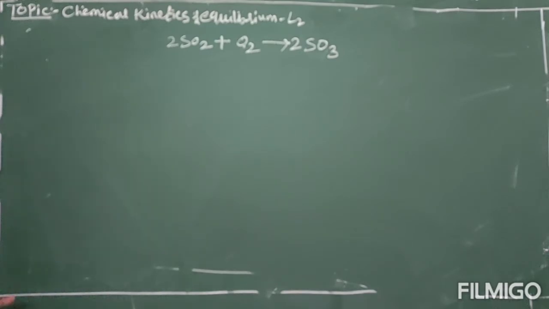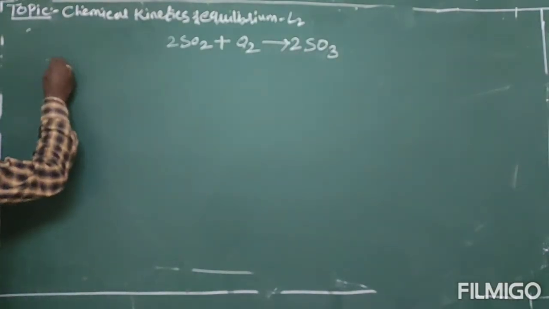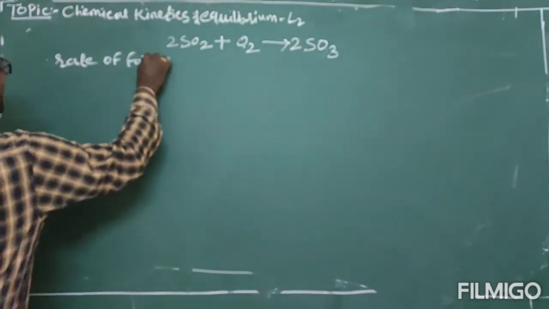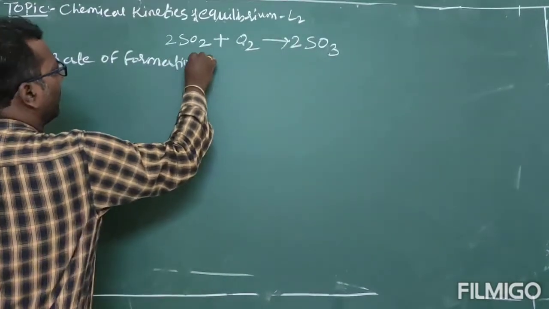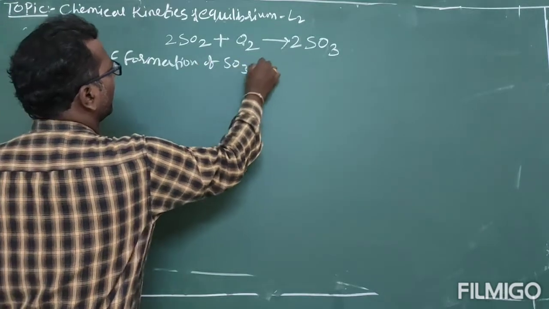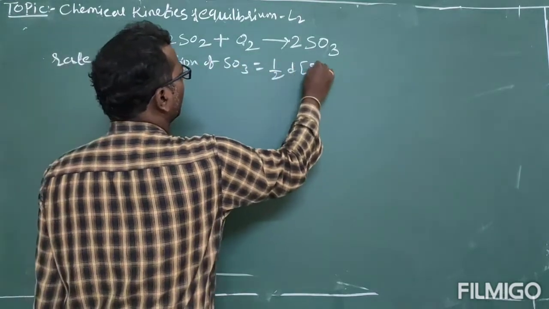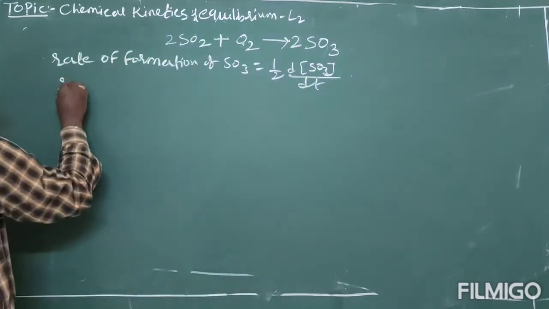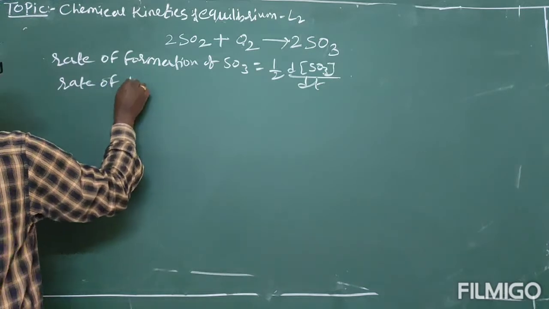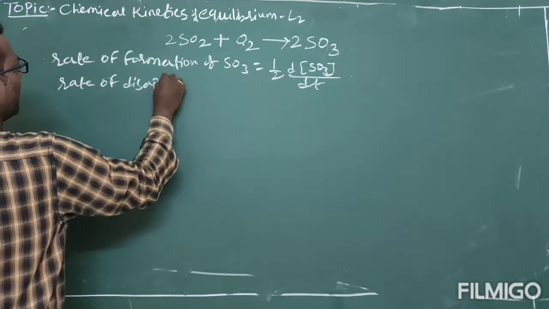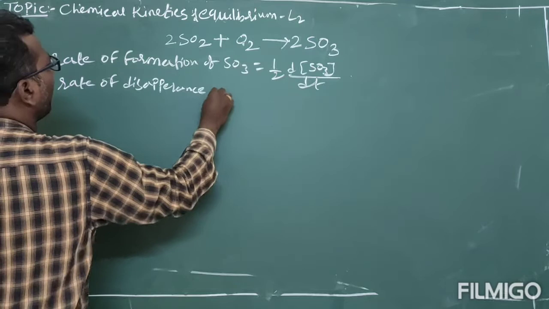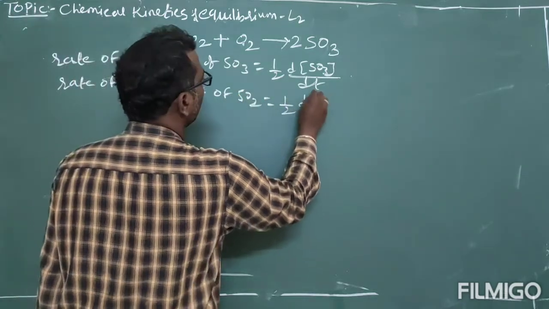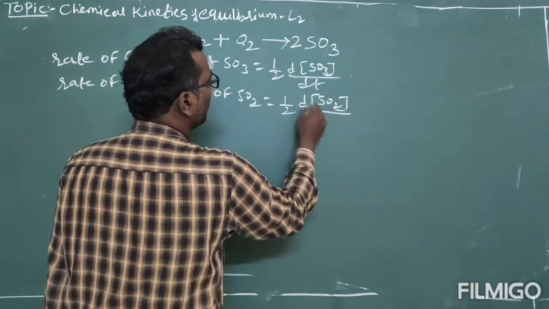You try to write on your own. So first what I will do, rate of formation of SO3 equal to half of d of SO3 by dt. Next, rate of disappearance of SO2 equal to minus half of d of SO2 by dt.